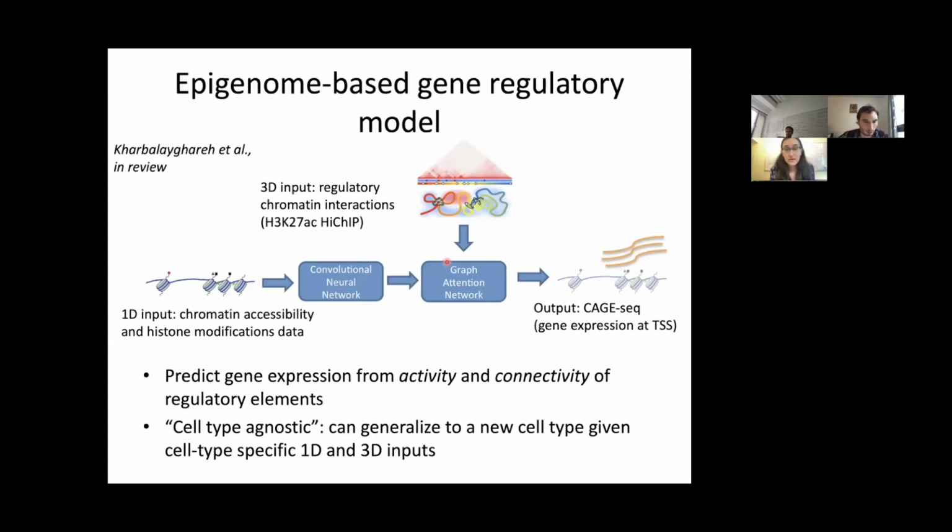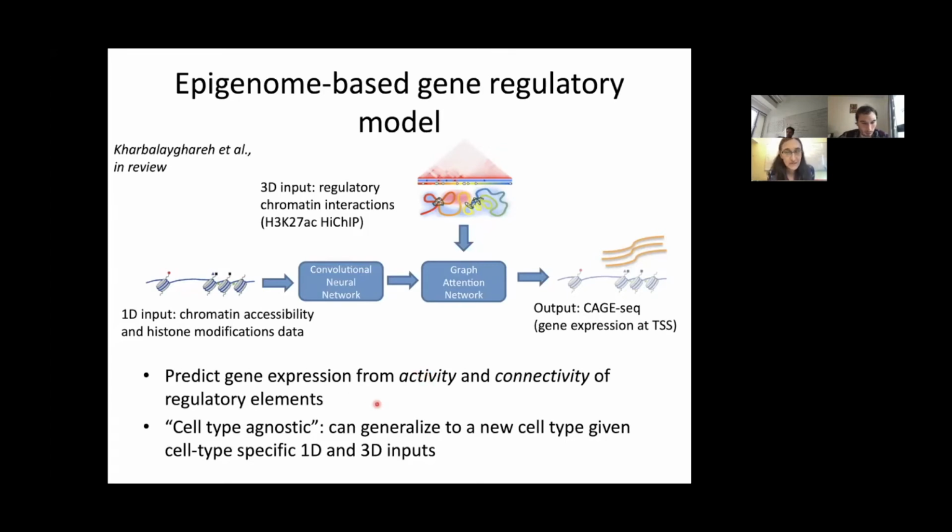And then we pass through the graph attention network layers that allow us to pass information from distal enhancers to promoters. And the output we're trying to predict is CAGE, which is a tag-based measure of gene expression that also maps transcription start sites. So you can say this model predicts gene expression from the activity and connectivity of regulatory elements.